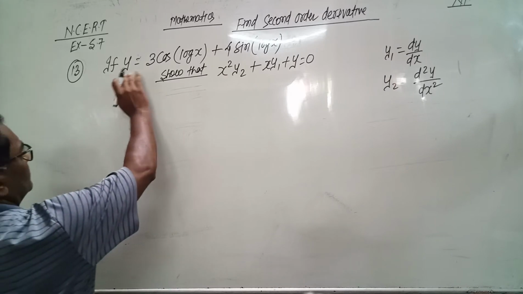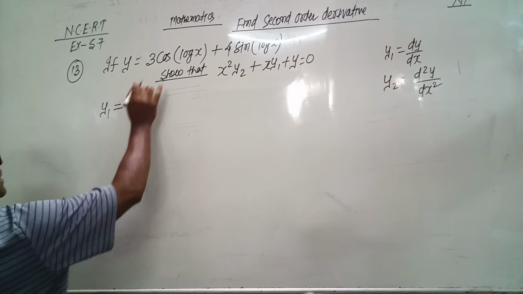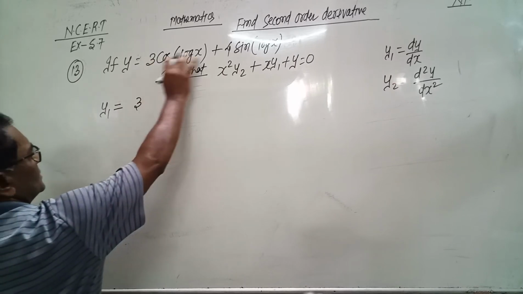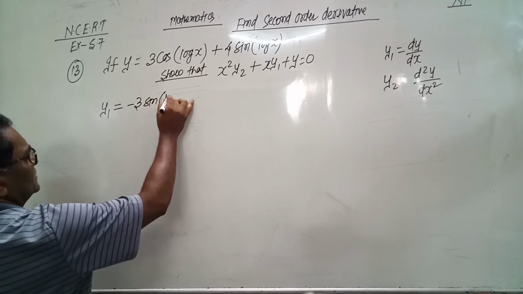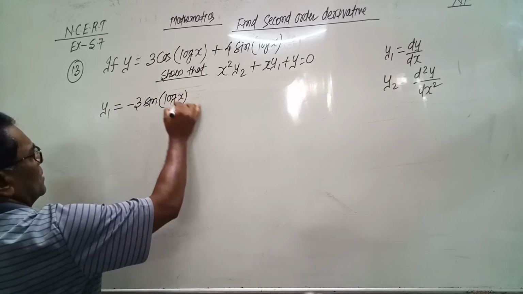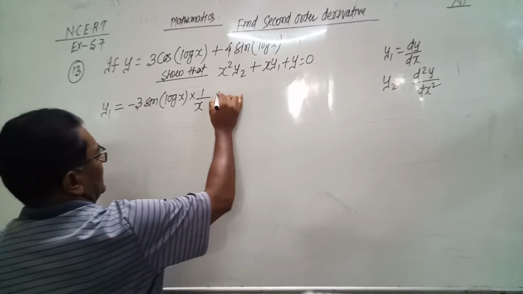So let us find the differentiation of y. 3 as it is, differentiation of cos log x is minus sin log x. Now drop cos, and differentiation of log x is 1 by x.